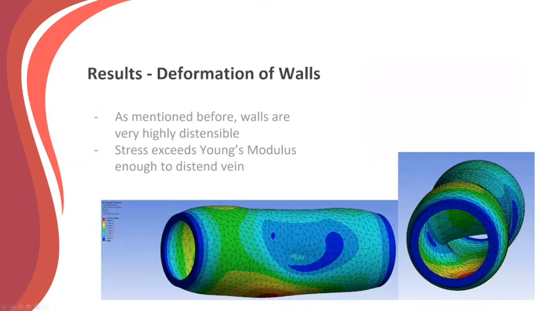Now let's talk about the deformation of the walls. That's another phenomenon that was very interesting. Let's talk about the inlet side. One thing I don't think I discussed earlier is that the boundary conditions of this vein were bounded at the section wall of the inlet and outlet, as you can see here in the blue. What was happening is, as the pressure built, we were seeing an expansion in the vein's wall right before the clot.